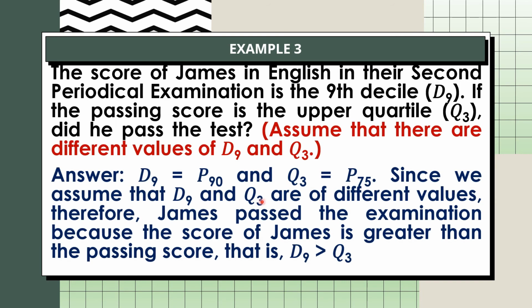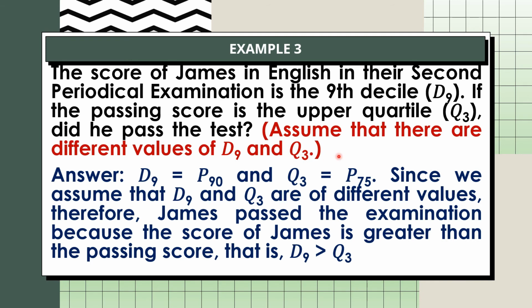Example situation number 3. The score of James in English in their second periodical examination is the 9th decile or decile 9. If the passing score is the upper quartile or quartile 3, did he pass the test? In this situation, i-assume natin na yung value ng decile 9 is different sa value ng quartile 3.